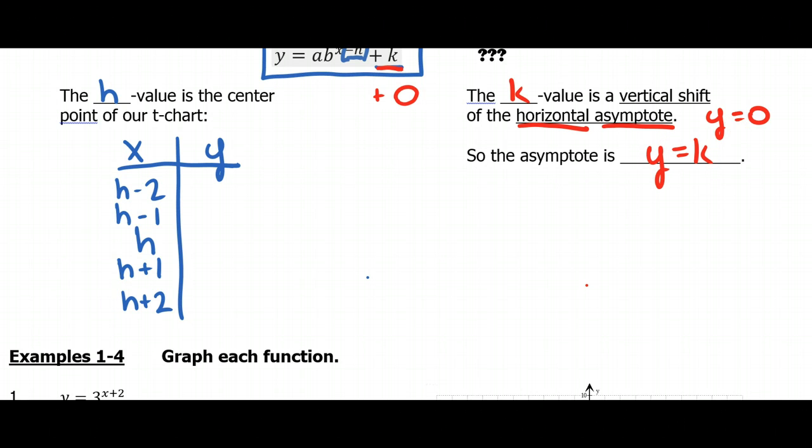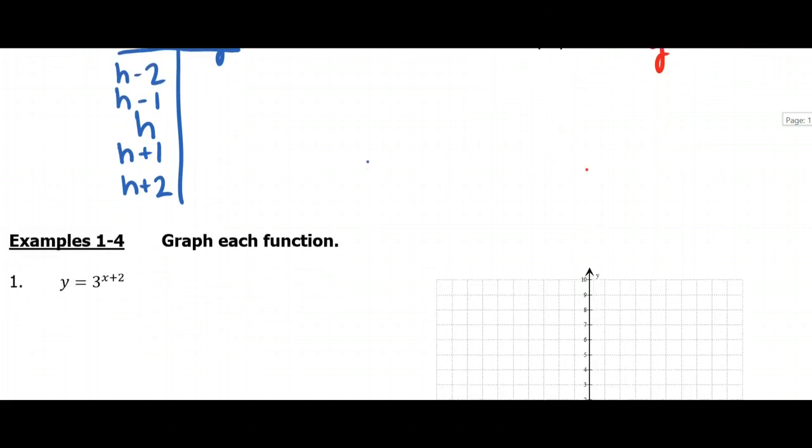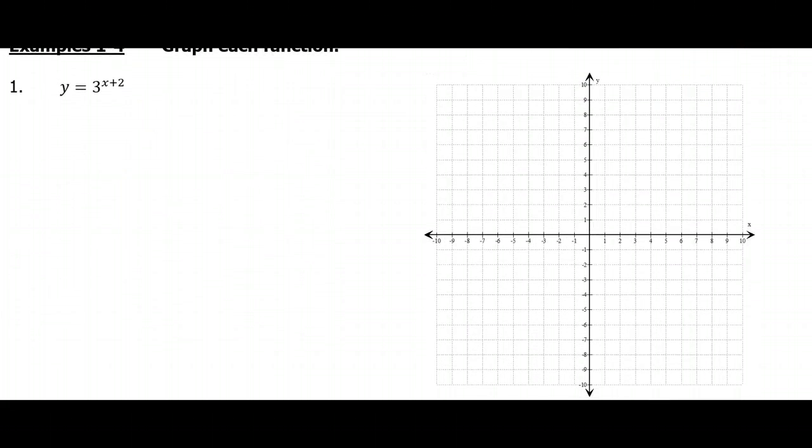So let's go down to example 1, and let me show you what that means with an actual example. In this one, we have the equation y equals 3 to the x plus 2 power. The first thing I'm going to notice is that my k value is just like it was in the last video.